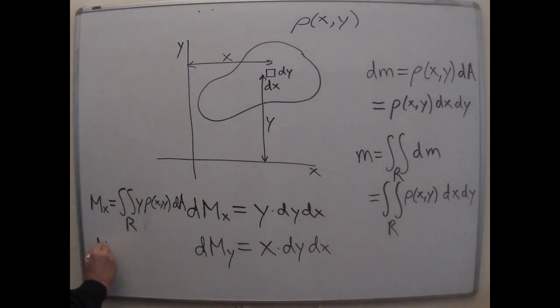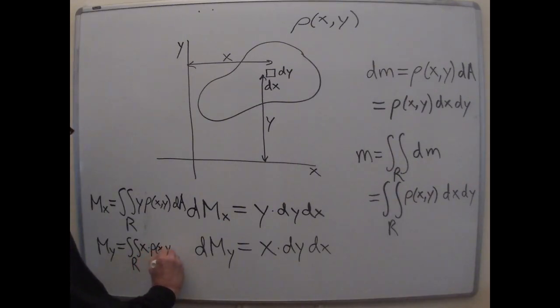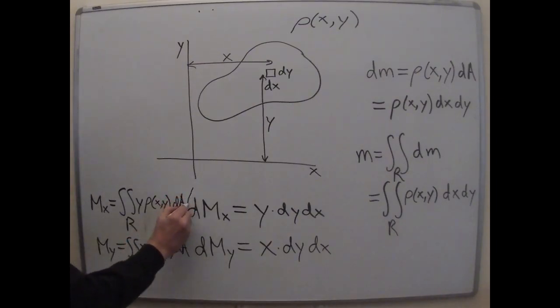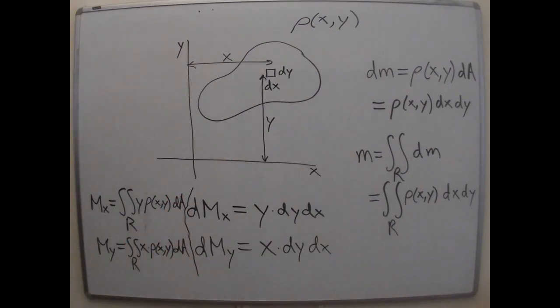And the moment around the y-axis would be the double integral over the region of x times rho of xy dA. Sorry for one bit of writing running almost into the other bit of writing.